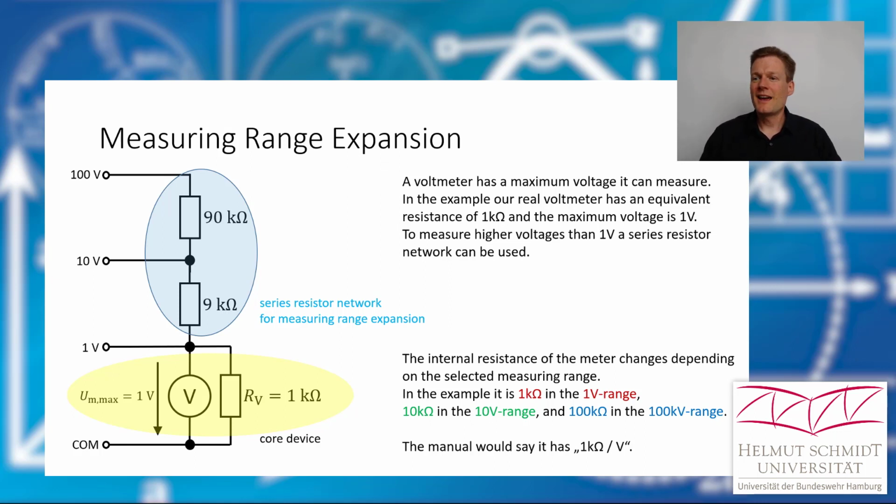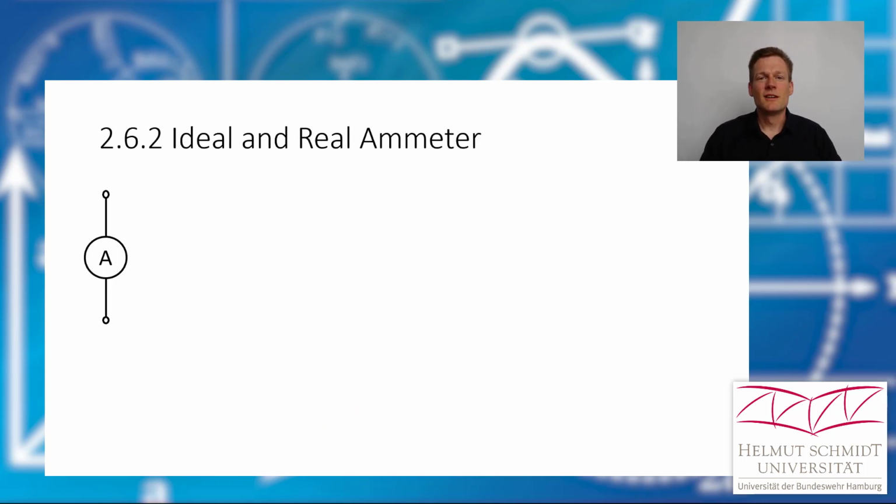Okay, let's talk about current measurement devices. They are called ammeters. So an ideal ammeter would be connected in series to an element. So if you want to measure a current, you have to open your circuit and put your measurement device into the circuit.